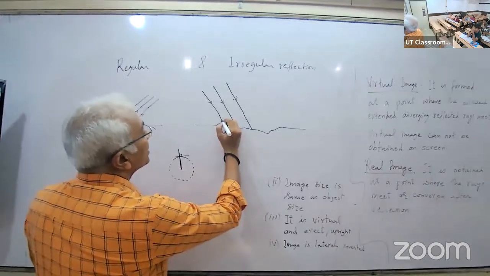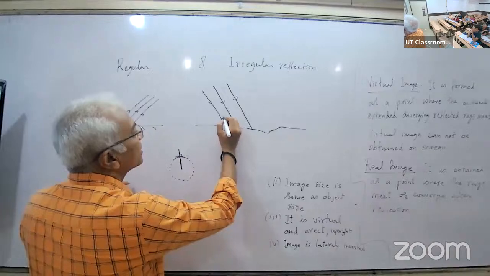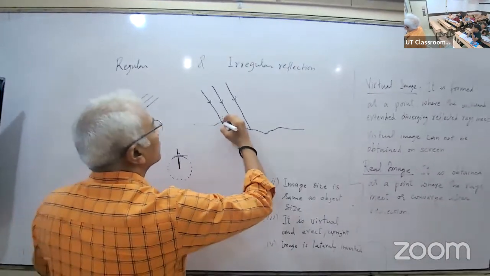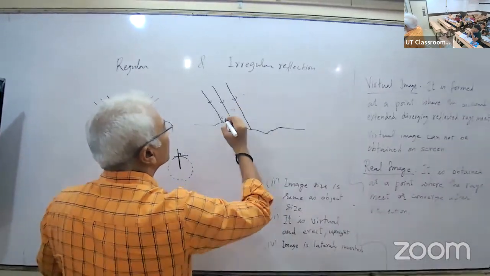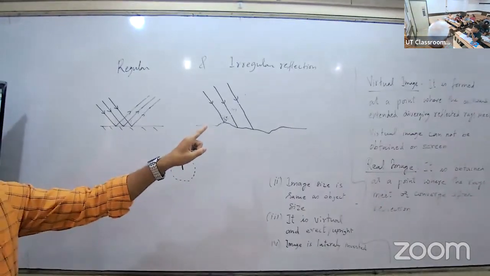Once you know the angle of incidence, you can draw the angle of reflection equal to the angle of incidence, by the law of reflection. So this is the first way. I equals R. That's what you have to do.